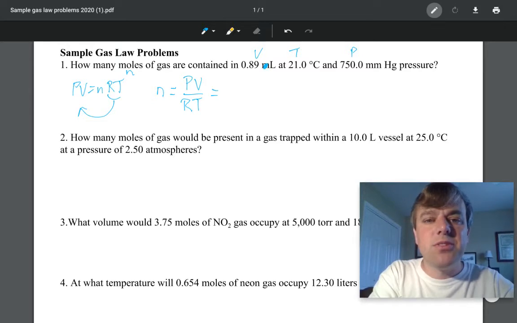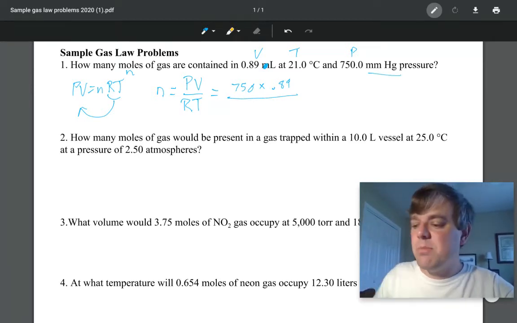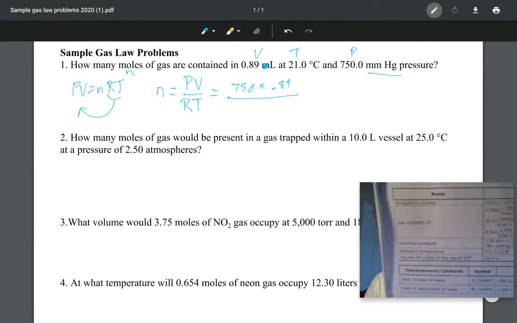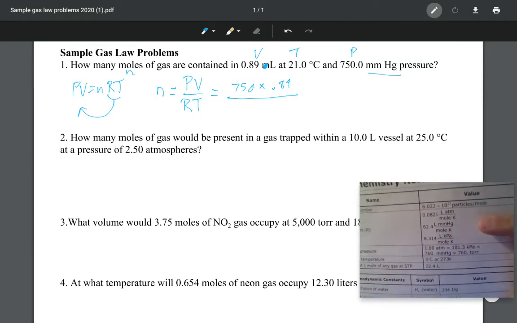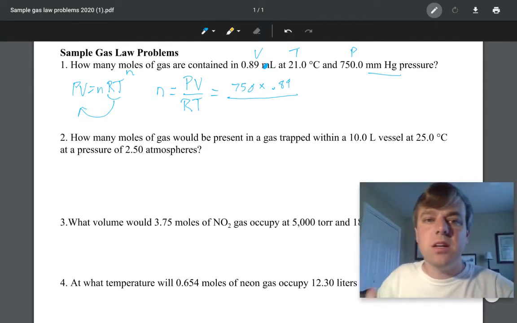Our pressure is 750 millimeters of mercury. Our volume is 0.89 liters. Our gas constant in millimeters of mercury, if we look on our reference tables, is 62.4.